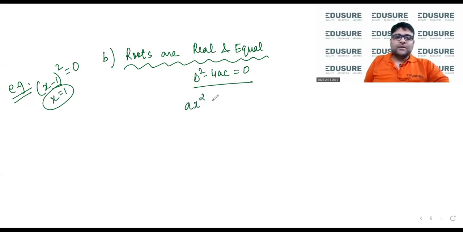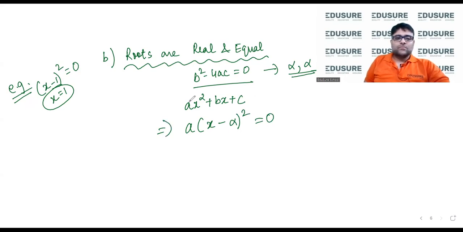And ax square plus bx plus c can be written as a into x minus alpha whole square, supposing the root is equal to alpha, same repeated root. Correct. So if I have this expression being written in this way, obviously I know that this is equal to 0 for only one value, that is alpha. Okay.